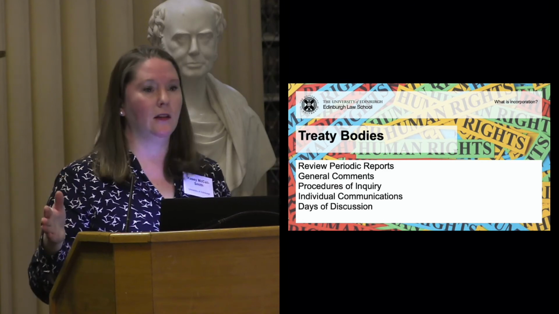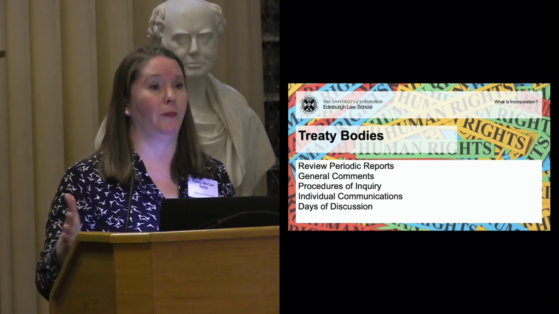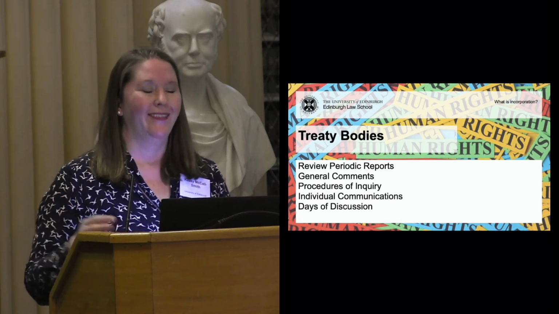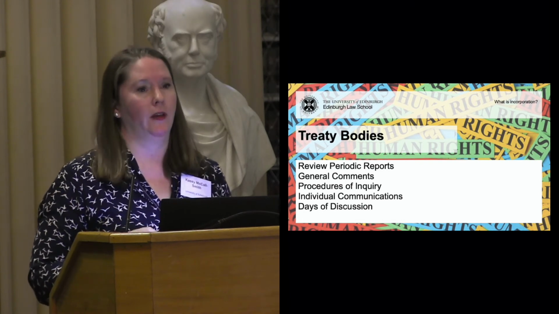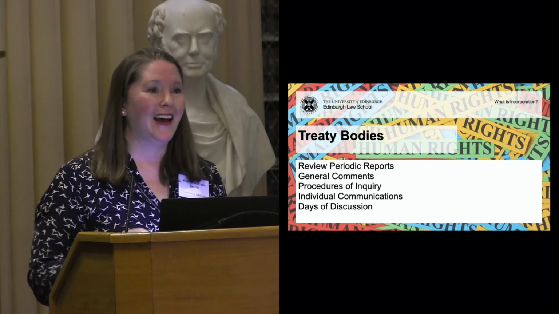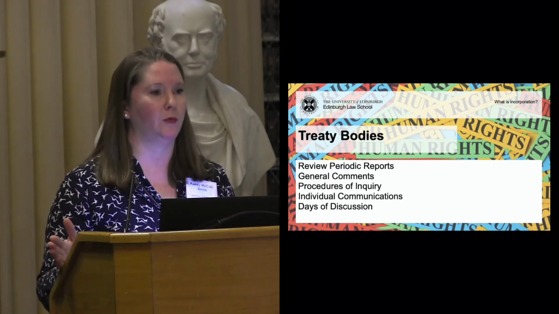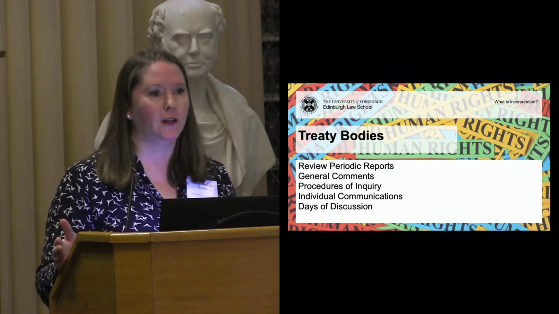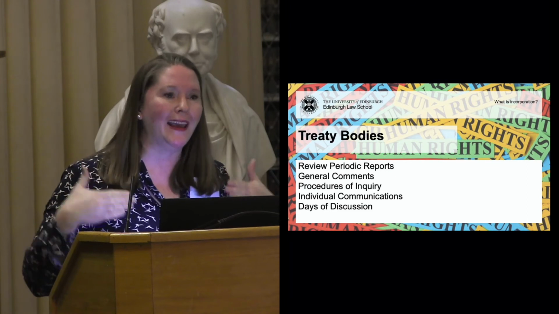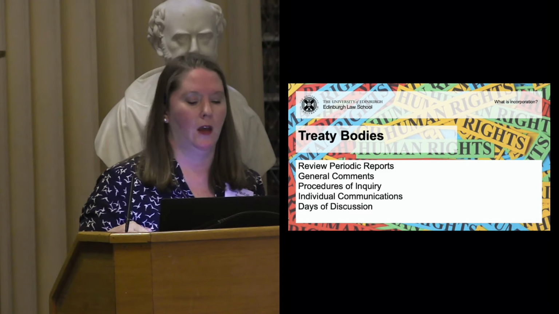Every state in the world, 194 UN member states, plus the 2 or 3 states that have questionable recognition, are party to at least 2 of the international human rights treaties. The UN Convention on the Rights of the Child has the largest number of states parties. Every state in the world, with the exception of America, is party to it. States have made a commitment to implement that basic core minimum of protection for children.